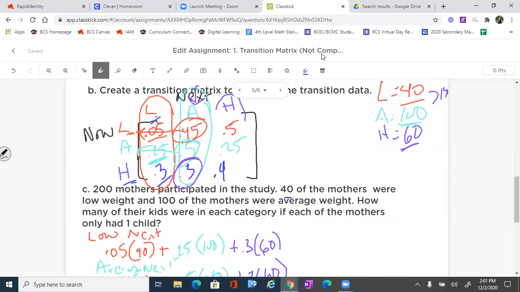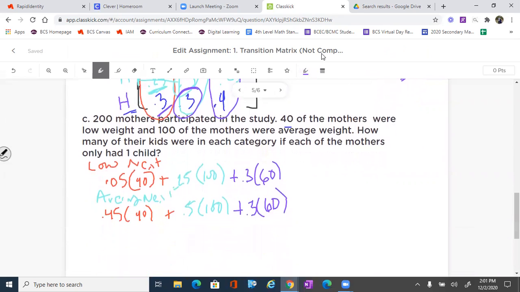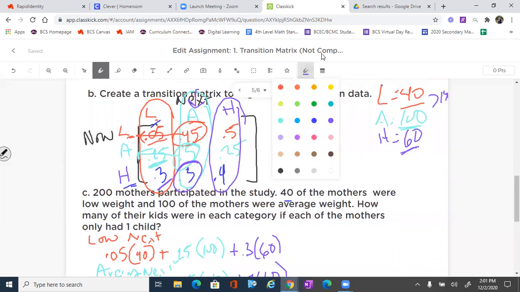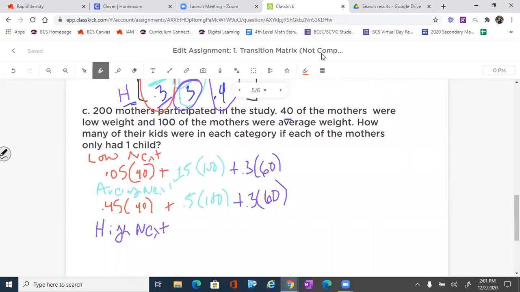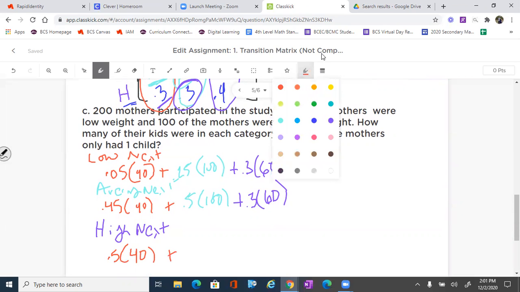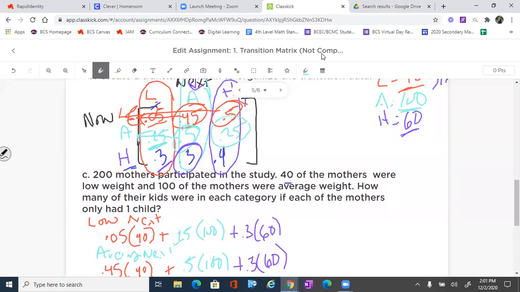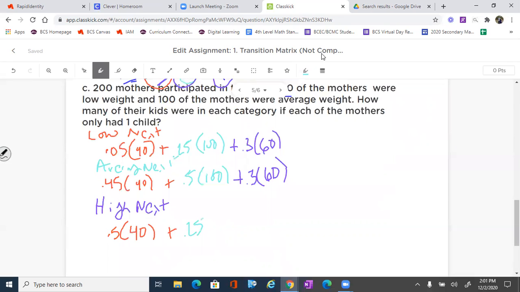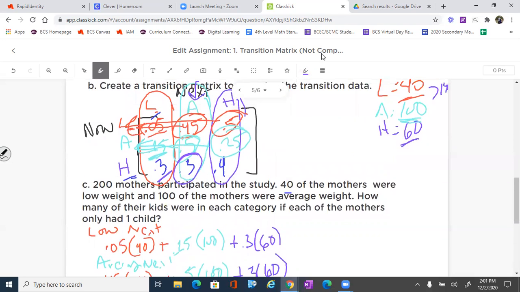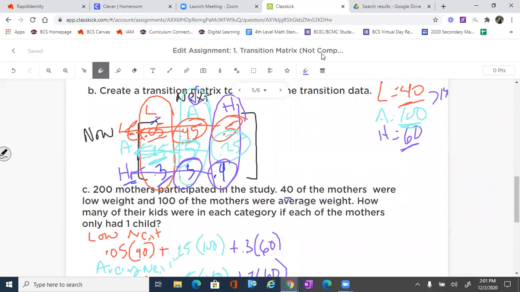Now let's go to high. If I want to find high next, I just keep working my way across those columns and then work vertically down. So at that point, I know 50% of low, or 50% of 40, plus 25% of the average, which is 100, 0.25 times 100, and then plus 40% of the high.